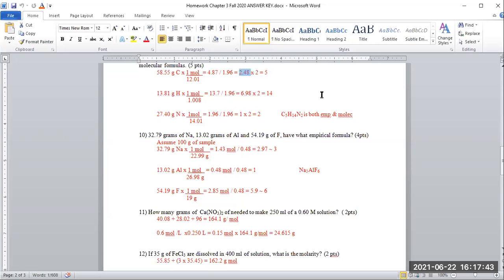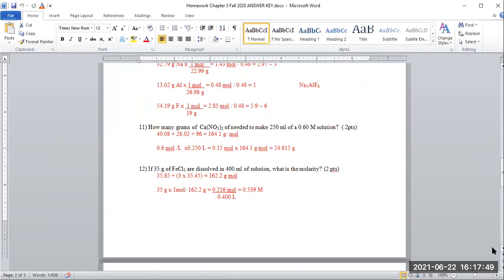Okay. Thank you. All right, and then we do a little bit of solutions here. Calcium nitrate. So I need to know how much 1 mole of calcium nitrate weighs. So I added that all up. That gave me 164.1. Multiply your molarity, 0.6 moles, times your quarter of a liter.